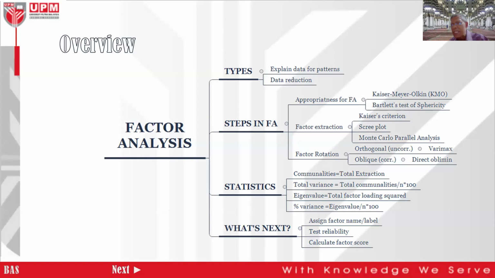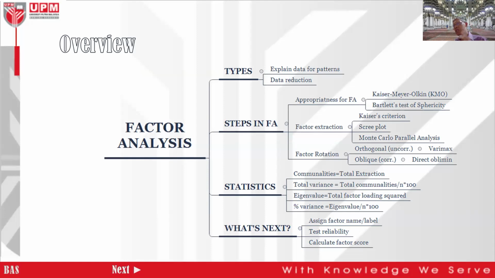What are the common themes? Based on the common themes, you should be able to assign a label to each factor. And this label will be the dimension or the variable for each of the factors that are derived.